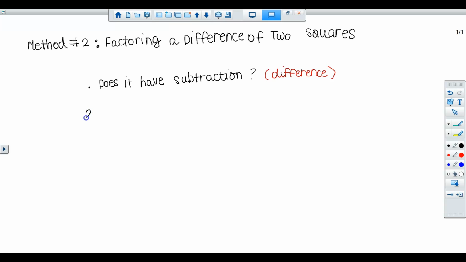The second thing that we need to look for is, is it a binomial? Because notice it says that it's going to be a difference of two squares, so we want this thing to have two terms.